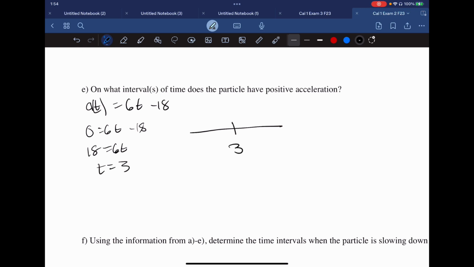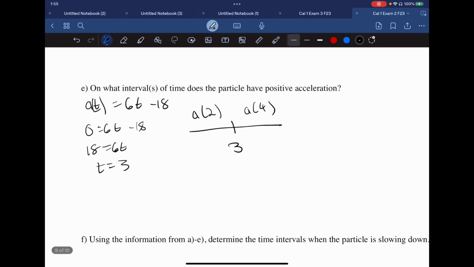Now let's find a of 2 and a of 4. So a of 2 is going to look like 6 times 2 minus 18, which is going to be a negative number.